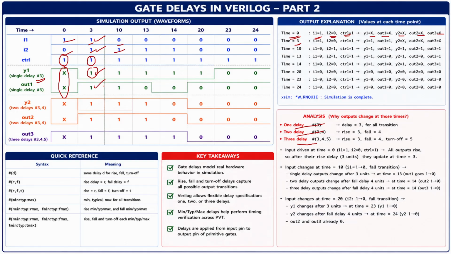Based on those delays, see 3 comma 4, rise time delay is 3. For that 3 delays you are maintaining, this is the 3. Okay, with 3 delay you are getting 1, and then fall time delay is 4, right? So 4 means you are reaching the output value from low to high. And then turn off time delay we can mention, that is also 5.